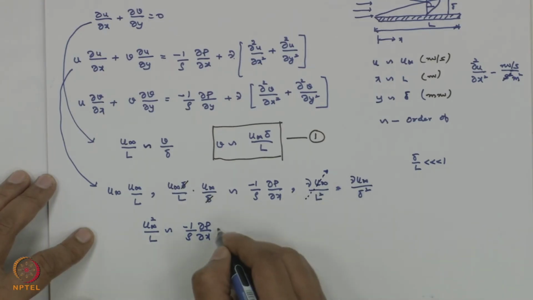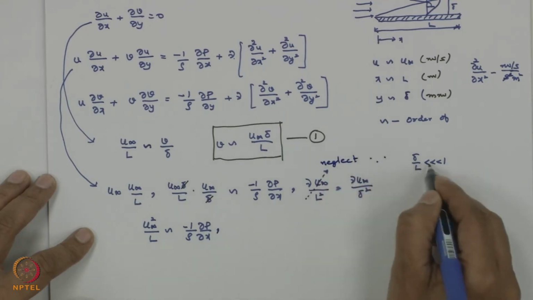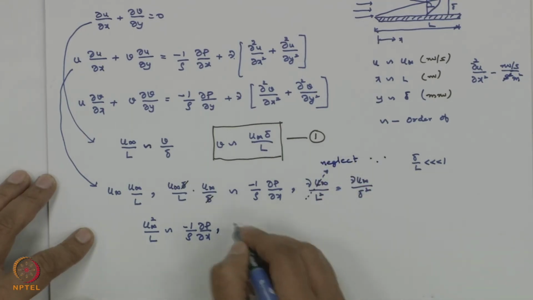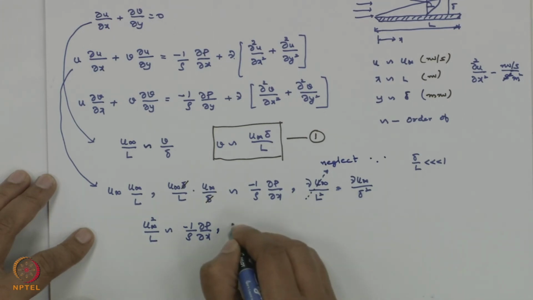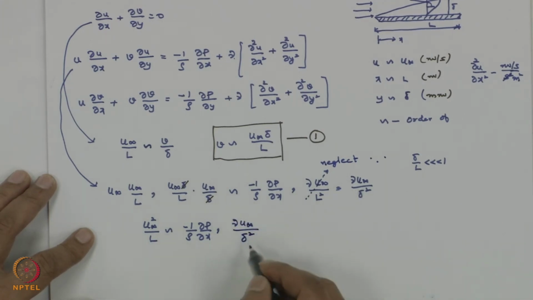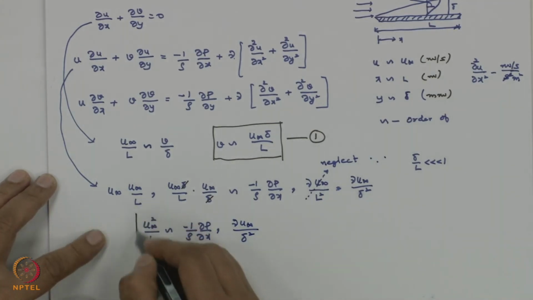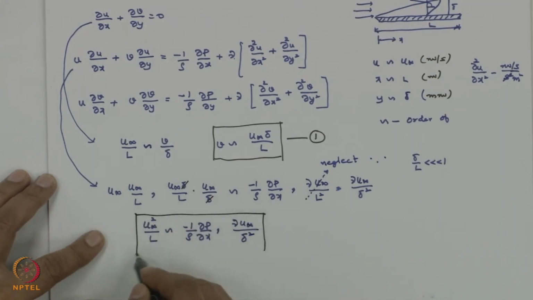So, you can neglect this because delta by L is less than 1. On the right hand side you have nu u infinity by delta squared, which you cannot throw out, because delta squared is very small. Let us write this as equation 2.